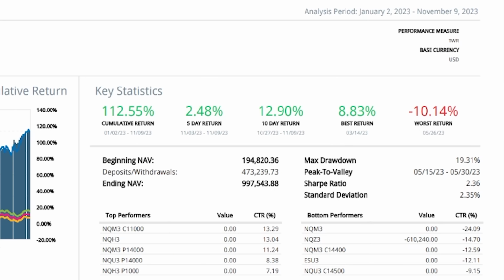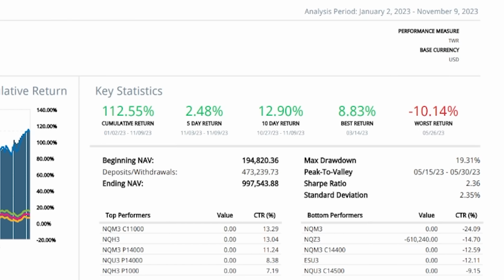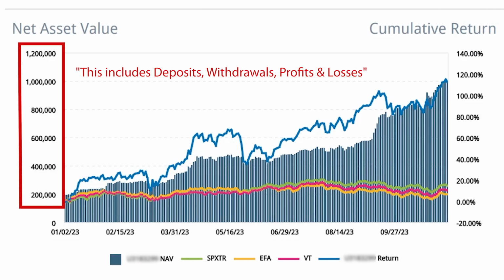Year to date, if you can see, I'm sitting with a profit of 112.55%. 112%, and this is still only November 10th. We still have another 1.5 months. In the last 5 days, my return was 2.5%. Last 10 days, 13%. Best return 8.3%. Worst return is 10%. And you can see the chart here from January 1 till now.